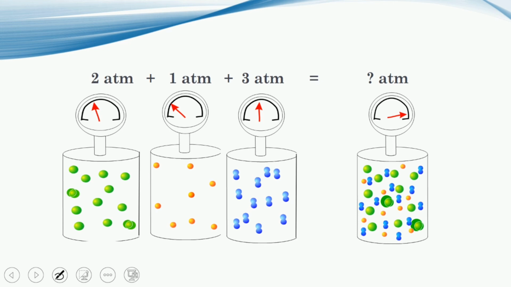So all we would have to do here is add. For this final, it's going to be 6 atmospheres because 2 plus 1 plus 3 gives us 6. It's a really easy calculation, but again, a really powerful idea.